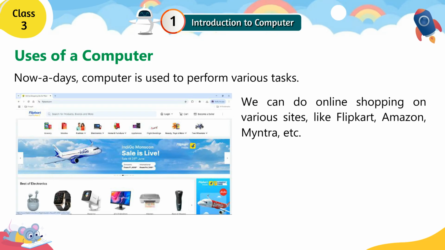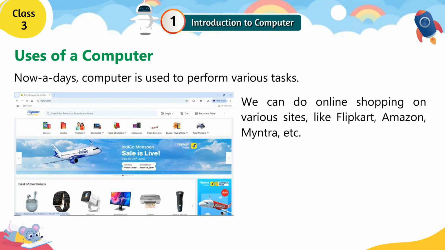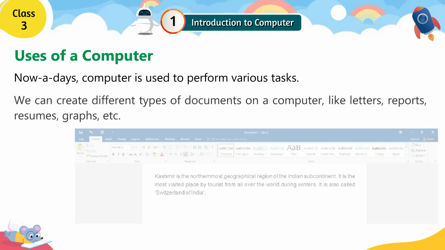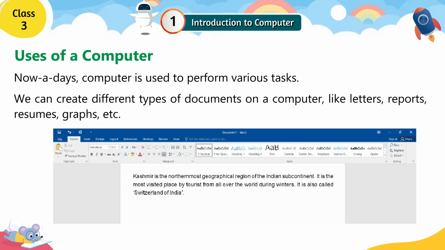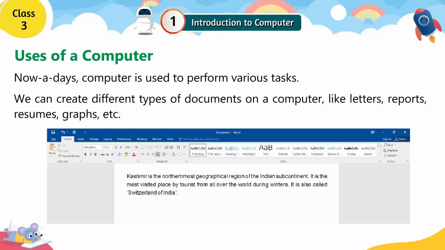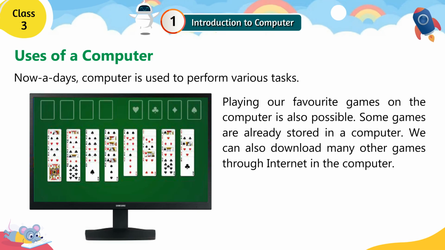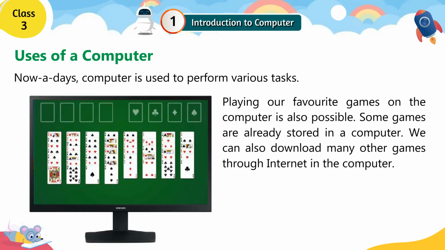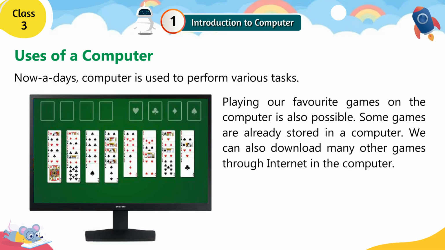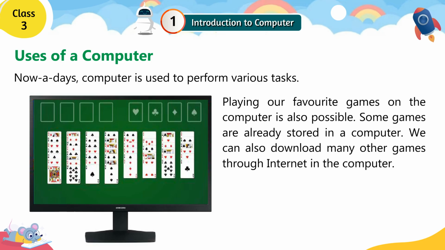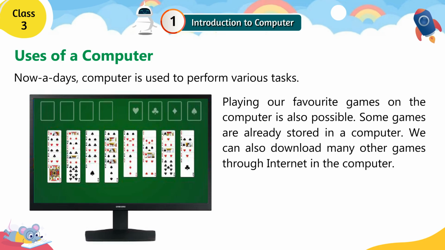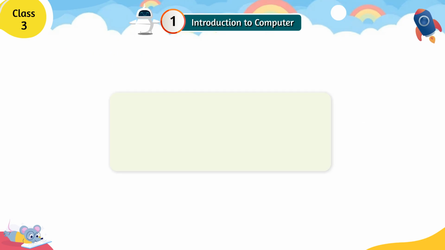We can do online shopping on various sites like Flipkart, Amazon, Myntra, etc. We can create different types of documents on a computer like letters, reports, resumes, graphs, etc. Playing our favorite games on the computer is also possible. Some games are already stored in a computer. We can also download many other games through the internet in the computer.